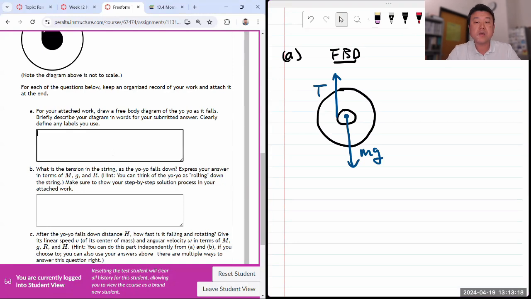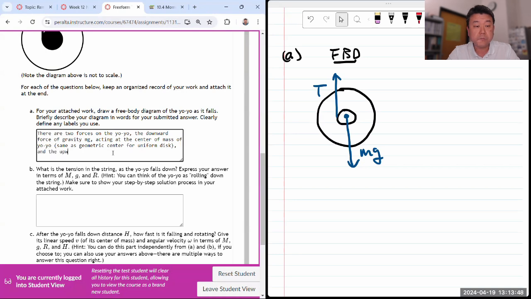Briefly describe. Okay. So there are two forces on the yo-yo. The downward force of gravity mg acting at the center of mass of the yo-yo, geometric, same as the geometric center for a uniform disk.